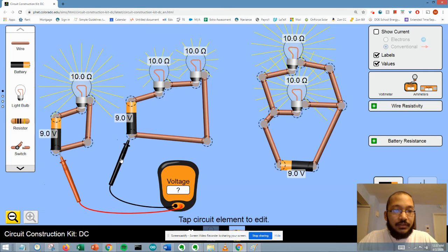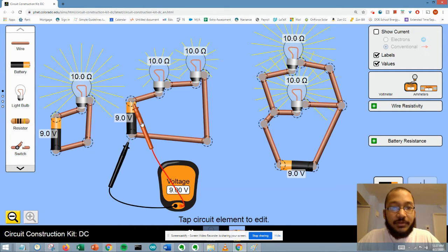Negative end at the negative end of the battery, positive end, 9 volts again. Sounds good, nothing too unexpected there. Small drop across the wire. Big drop across the light bulb, down by 4.5 volts.